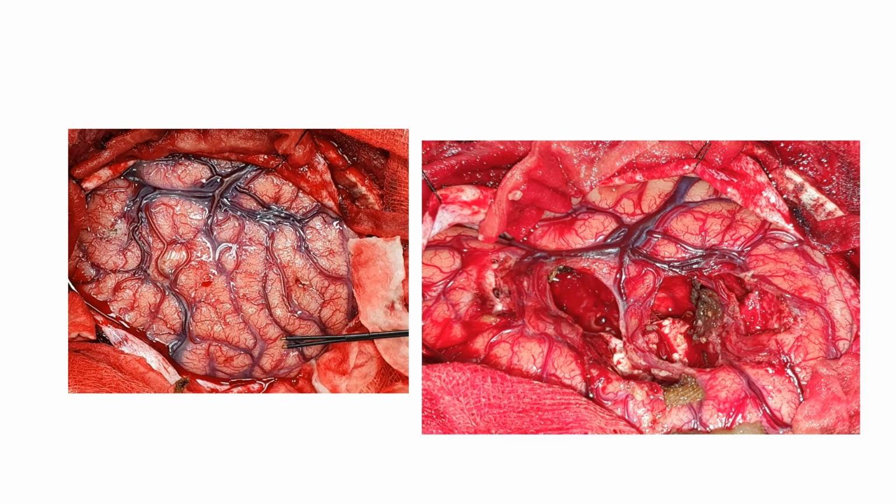As I told you, in this case, we needed very reliable monitoring because of the intended resection. So this is the resected facial area of the precentral and postcentral gyri.